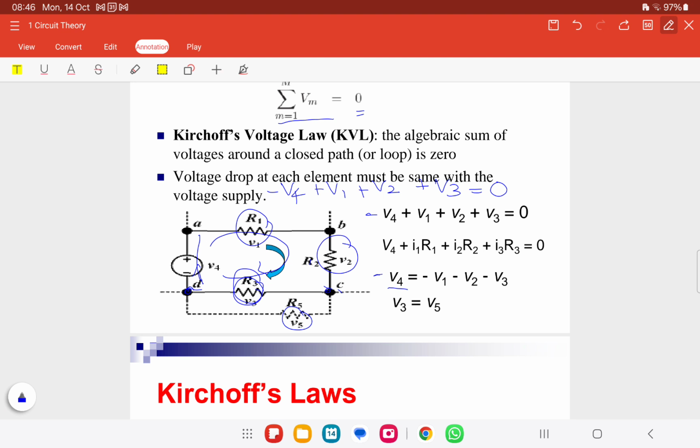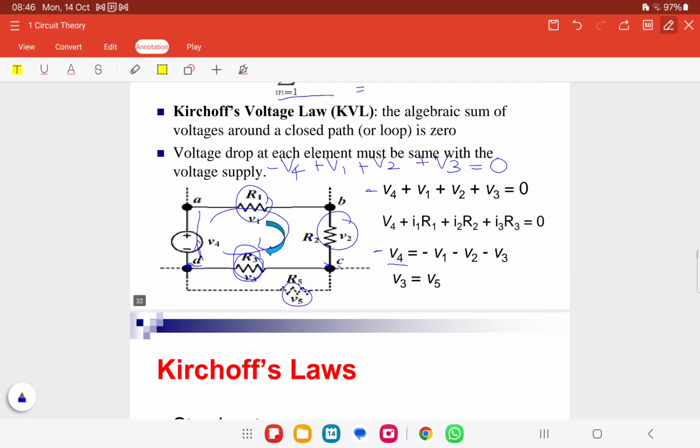Saya kena baikilah notes ni, salah. Okay, dia in one loop voltage source is equal to all the voltage in the components. Okay, kalau sini 10, sini adalah 2, sini berapa? 3 voltage dia.